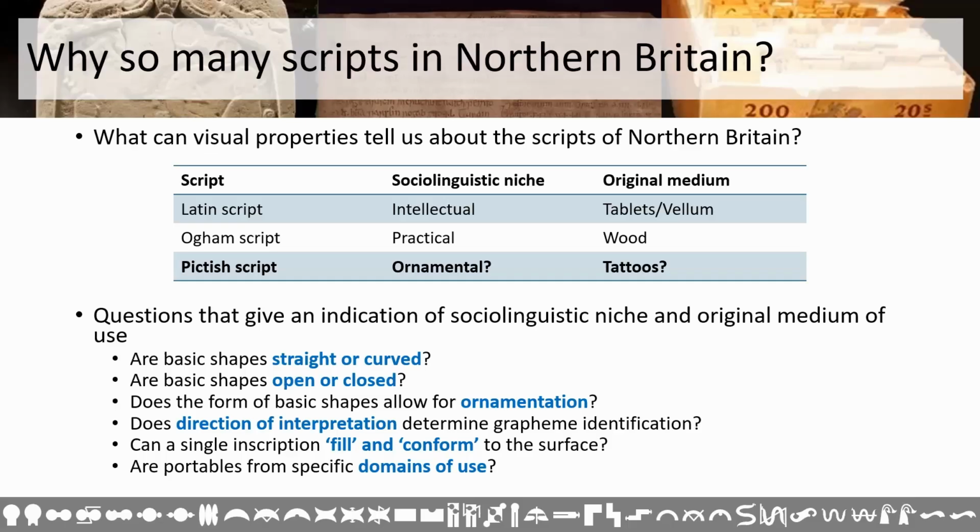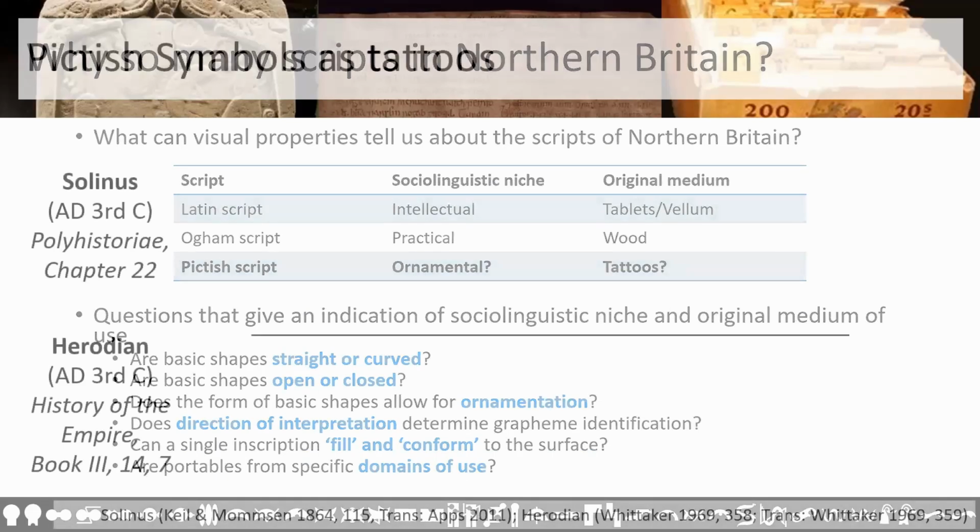Can a single inscription fill and conform to irregularities on a surface? If you think of Latin and Ogham and Pictish symbols, they do that all very differently. And then do portables that are inscribed with these scripts fall from specific domains of use, which might give us an idea of the sociolinguistic niche?